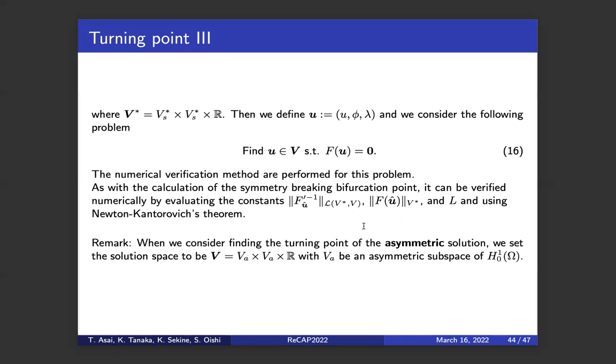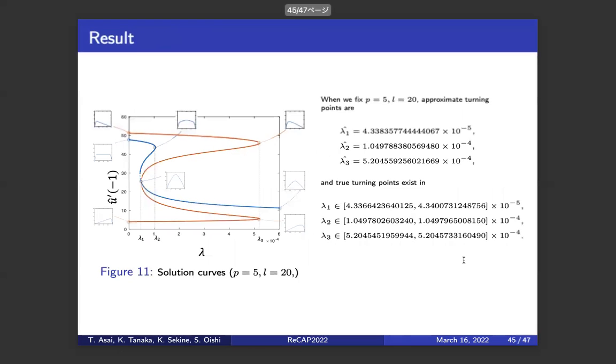And this is a remark. When we consider finding the turning point of an asymmetric solution, we set the solution space to be like that, bold B equals like that, with BA being an asymmetric subspace of H10. And then this is a result.